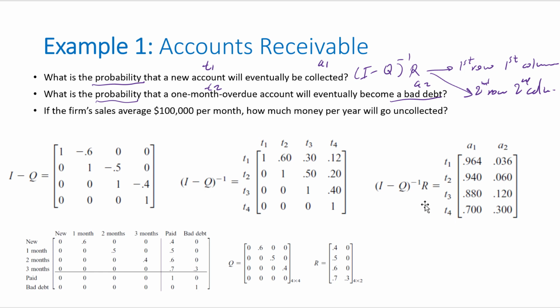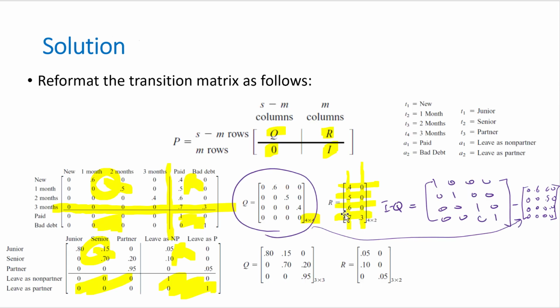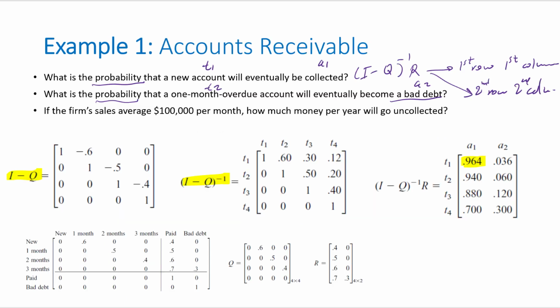And the answer to the first question is here: first row, first column of I minus Q inverse times R. What I did to get that matrix was get the inverse of I minus Q, which was this one, and then multiply it by this R matrix. As you see, the elements here are probabilities between 0 and 1. The sum of each row is also 1.